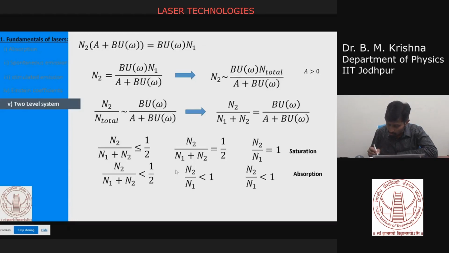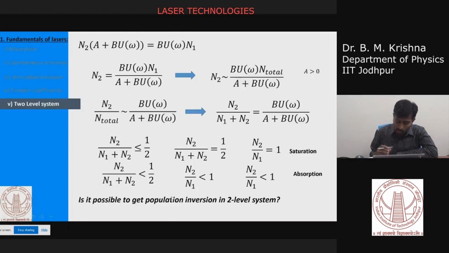Your N1 is higher, that means your N1 is related to your absorption process. So now in the two level system, you always have these situations. So now you tell me, is it possible to get population inversion in a two level system? No. So you cannot get population inversion in the two level system.